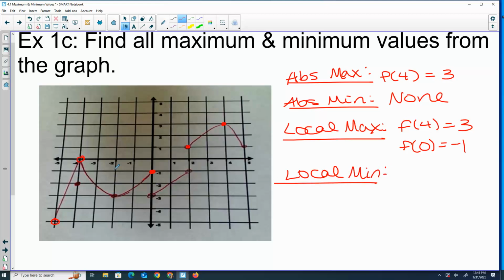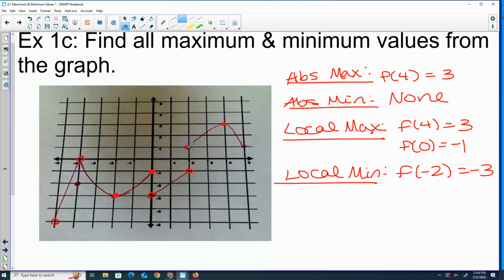Okay, local min. Low points. -2. I think it's -3. -2, -3. Yeah. This one, can it count for anything? No, it's open. Can this count for anything? No, it's open.